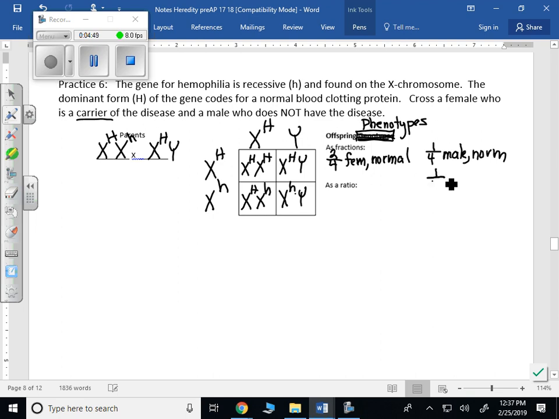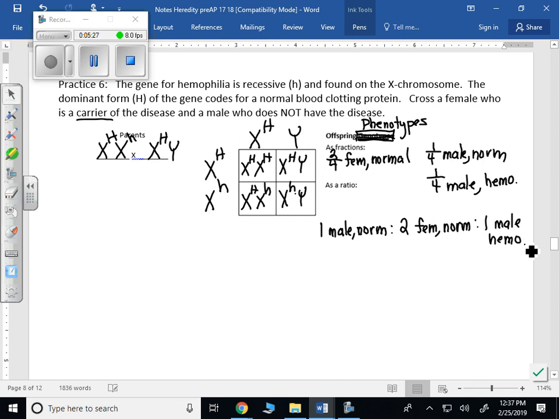And then 1/4 male that has hemophilia. So now as my ratio, it's going to be a 2 to 1 to 1. Or you can say 1 to 2 to 1. It just depends. If you say 1, you're going to have to say 1 male normal to 2 female normal to 1 male that has the disease, hemophilia.